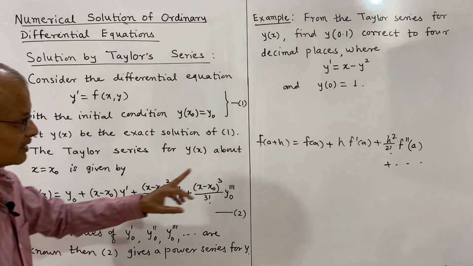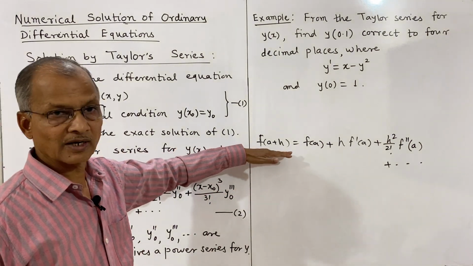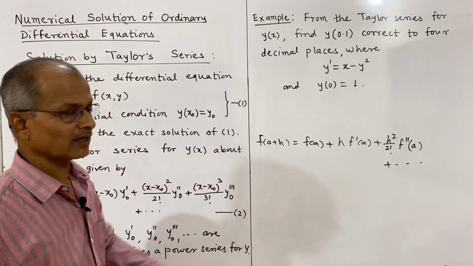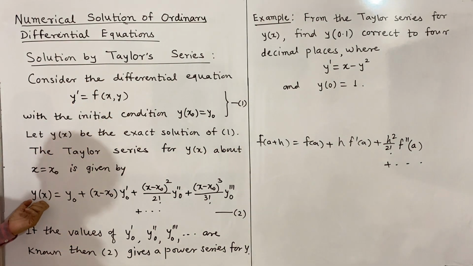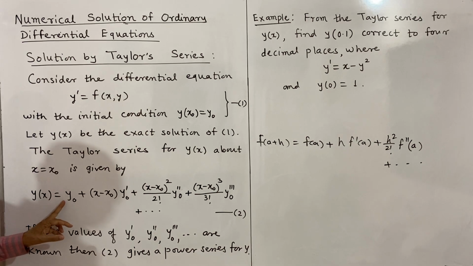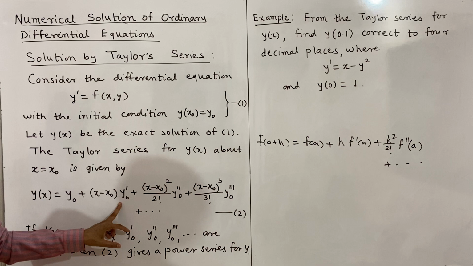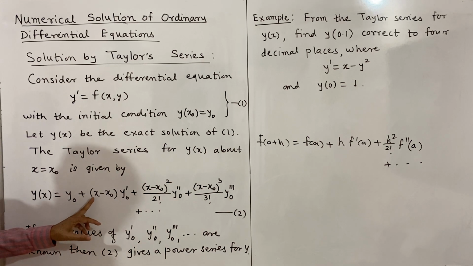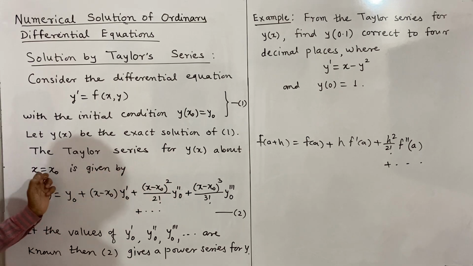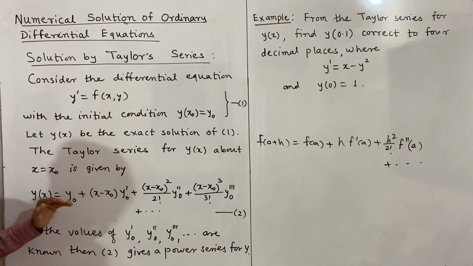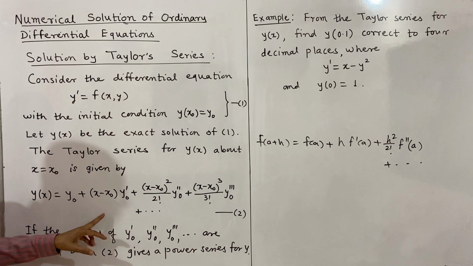This can be converted to Maclaurin's series, where a plus h can be taken as x, and we denote that function as y, and y of x is written in terms of y naught. The derivative is at x is equal to x naught, and the power series about the point x is equal to x naught is developed and it has this form.